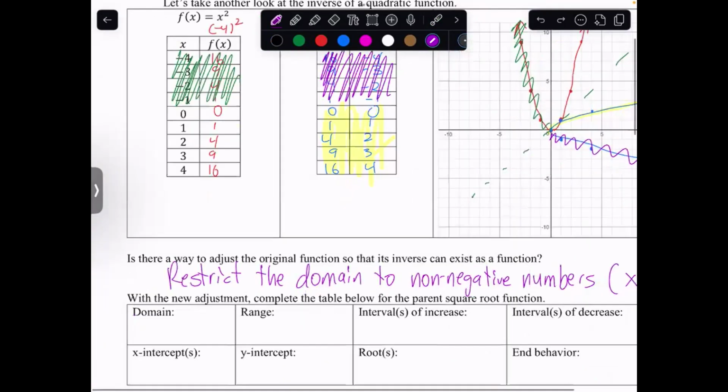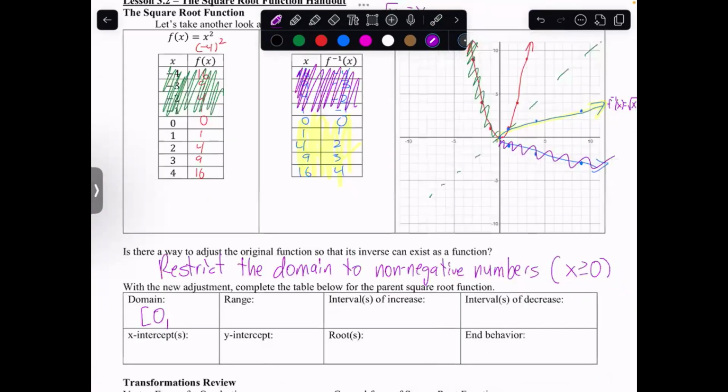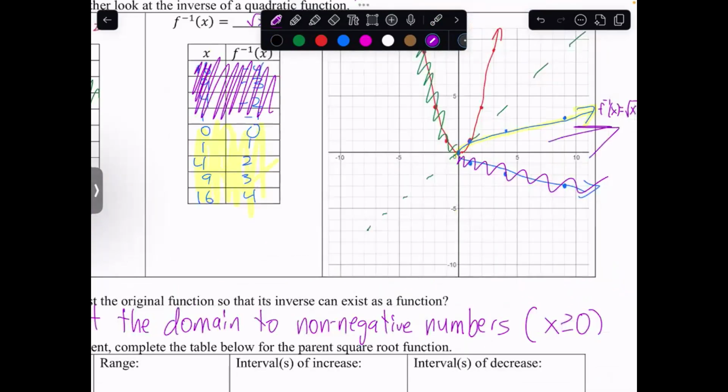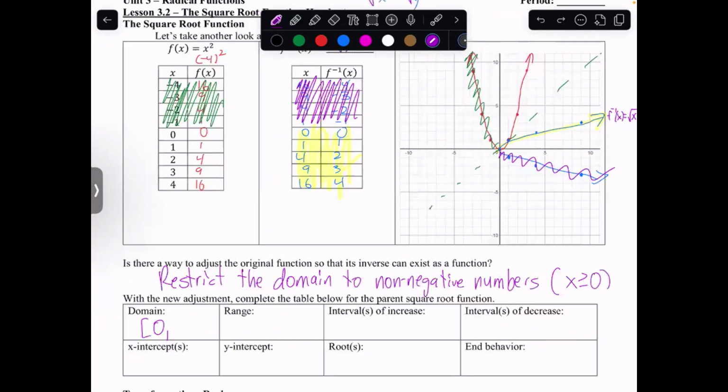So you do bracket 0, comma, and then you can go as far into the positives as you want. You can square root 64, 100, even something that doesn't square root nicely, like 68. You could still square root it. It just won't be a whole number. So you can go forever to the right.